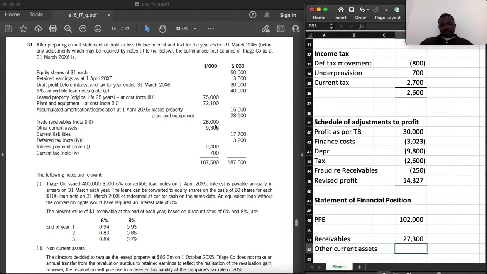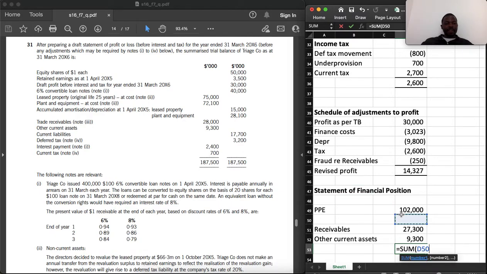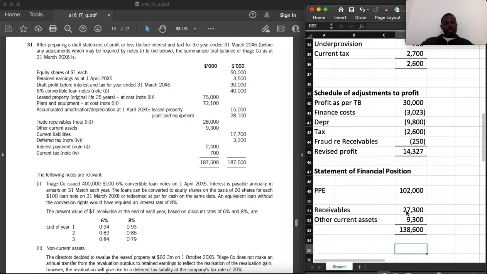So for that, other current assets is 9,300. Then we sum everything.